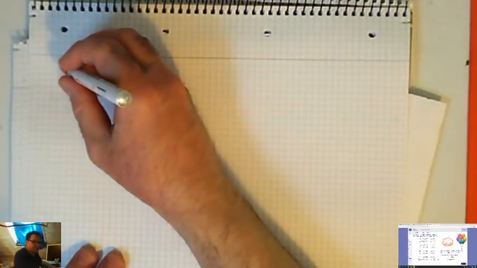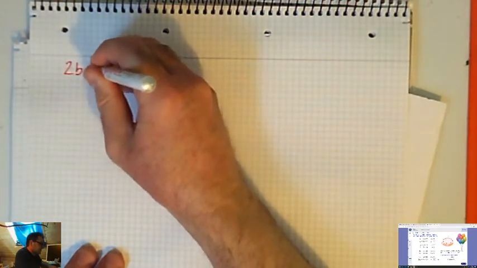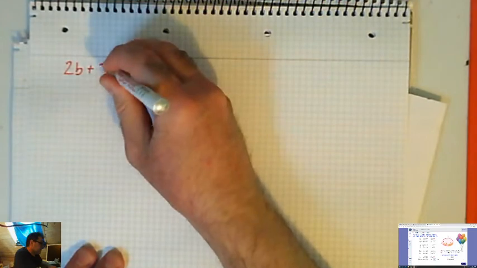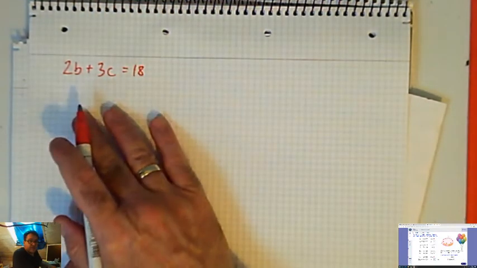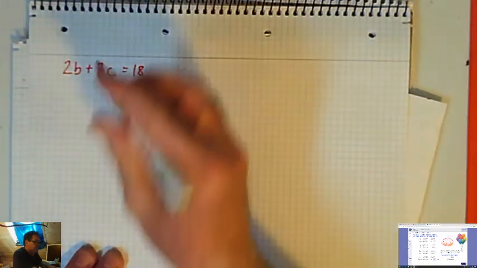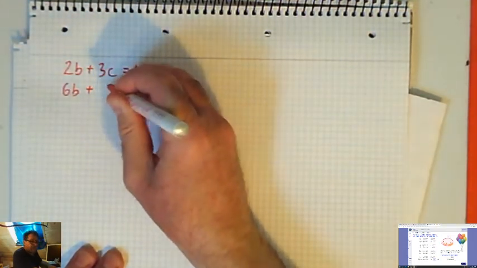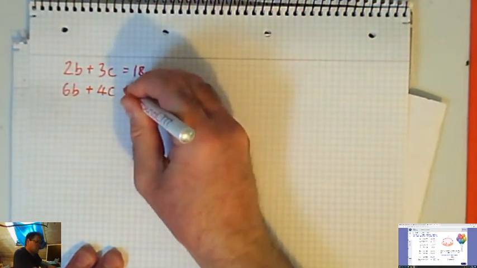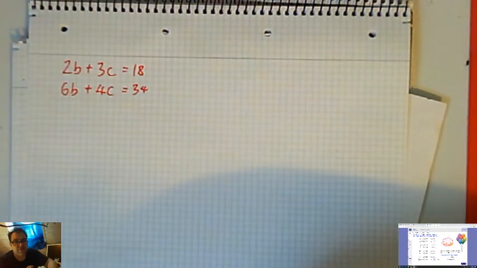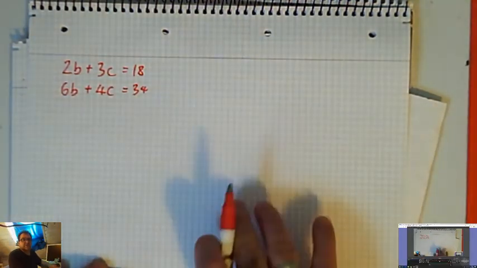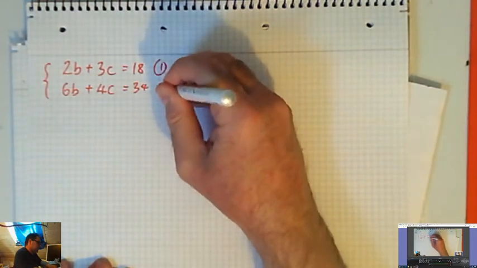You can't see that, can you? 2b plus 3c equals 18. So 2 balloons and 3 cakes cost $18, and then 6 balloons and 4 cakes cost $34. So that's that. That's a pair that's got to be solved together.